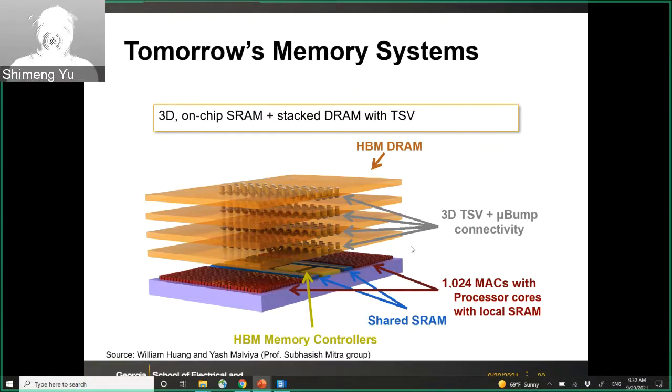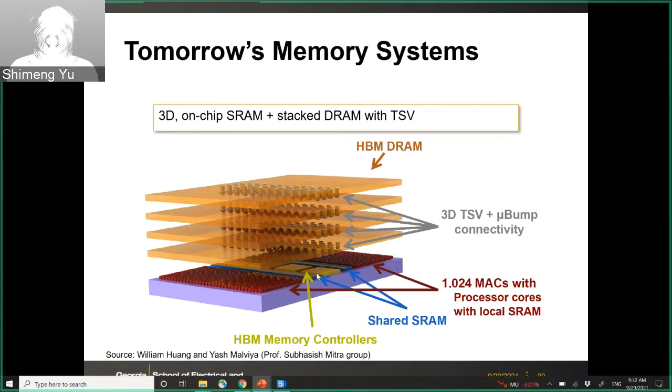And this can enable the largest bandwidth, because now you can have the vertical connections between the memory stack and the processor stack. So you can have many layers through this TSV technology. And this one is not realized yet in volume production. One of the challenges will be the thermal heat dissipation. When you have the processor underneath the memory stack, as the processor does active computation, it generates dynamic power from your logic circuit.